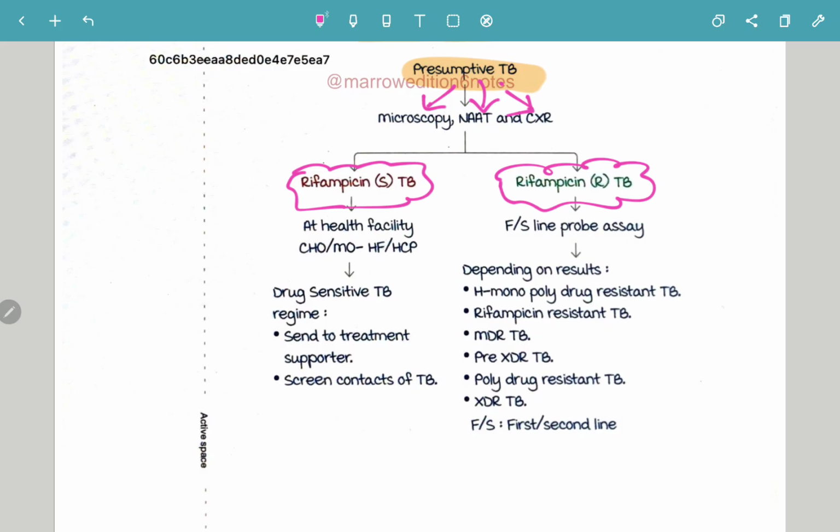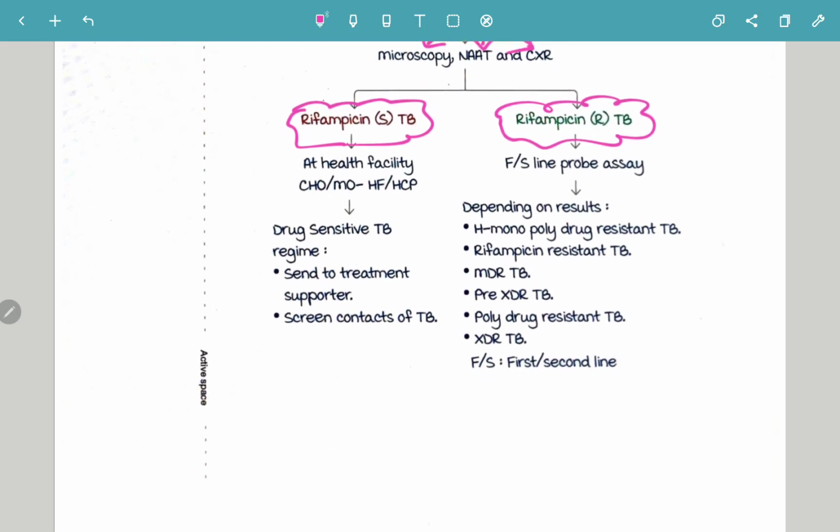So what are you going to do with a rifampicin sensitive tuberculosis case? At the health facility, a drug sensitive TB regimen should be given. So if it is rifampicin sensitive, then you need to give a drug sensitive TB regimen like isoniazid, rifampicin, and you need to send to a treatment supporter and screen contacts of TB.